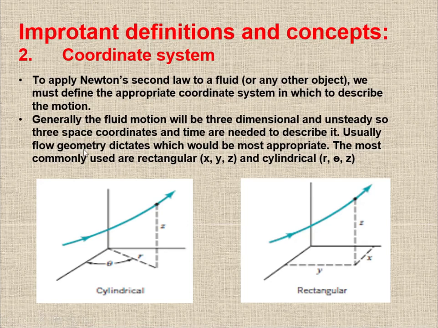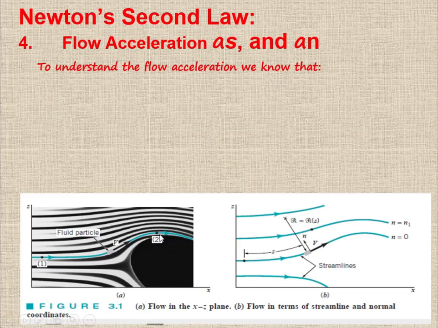Usually flow geometry dictates which would be most appropriate. The most commonly used are rectangular or Cartesian coordinates and cylindrical coordinates. So this was our third assumption, and here you can see the picture of the Cartesian and the polar coordinates.